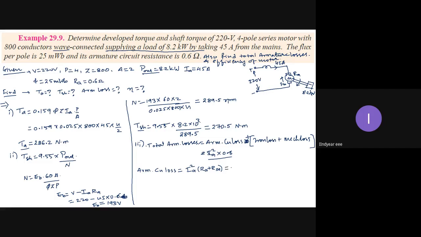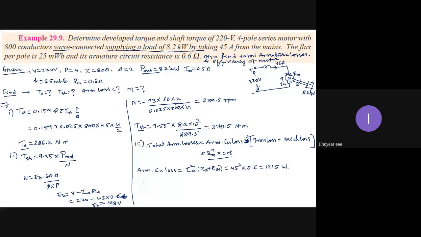So IA is 45 amperes, squared, into 0.6. This comes out to be 1215 watts. So armature copper loss comes out to be 1215 watts.